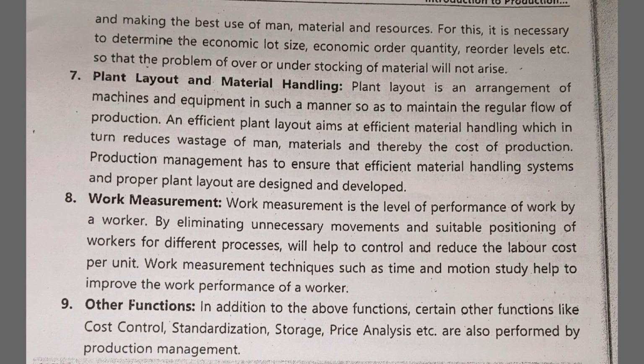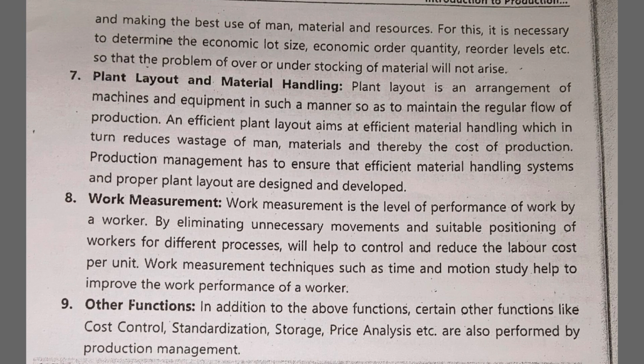Eighth, work measurement. Work measurement is the level of performance of work by a worker. Eliminating unnecessary movement and suitable positioning of the worker for different processes will help to control and reduce the labor cost per unit.